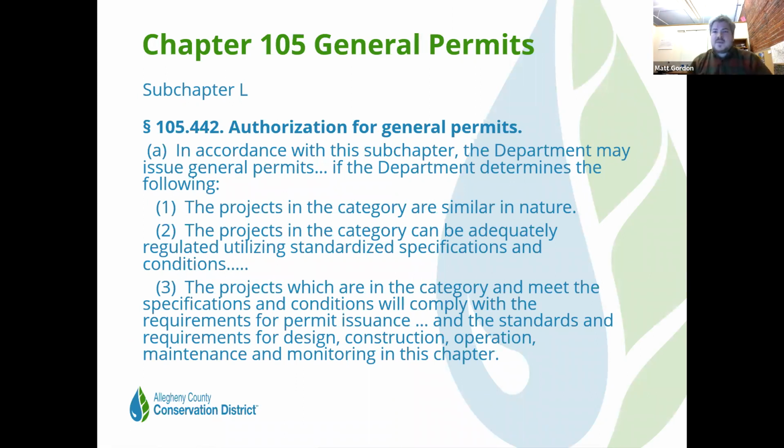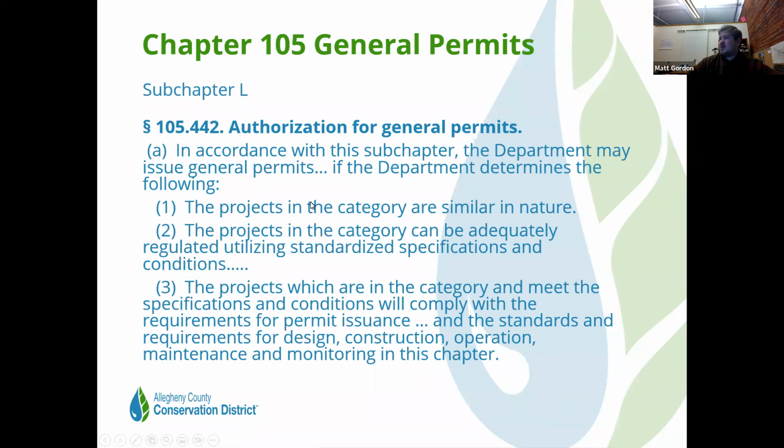Let's talk a little more about the chapter 105 general permits. So in the regulations, subchapter L, 105.442, there's an authorization for general permits. In accordance with the subchapter, the department may issue general permits if the department determines projects are similar in nature.